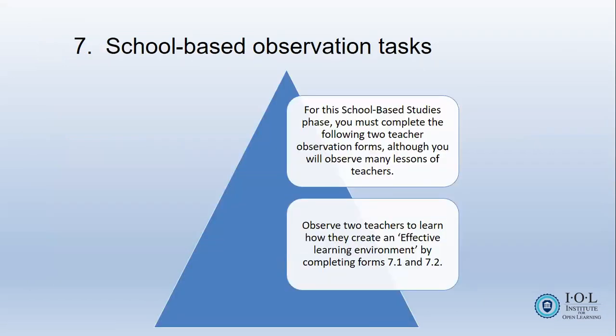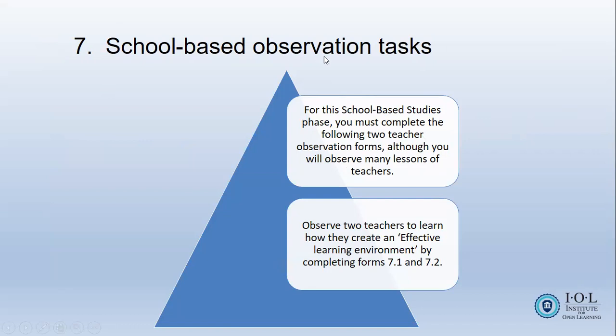So school-based observation number 7, tasks. For the school-based studies phase, you must complete the following 2 teacher observation forms, although you will observe many lessons of the teacher. This is a task which is 7.1 and 7.2.